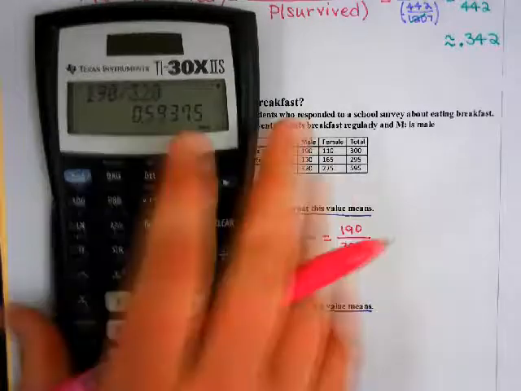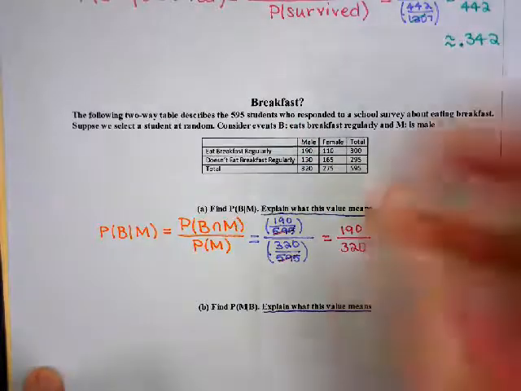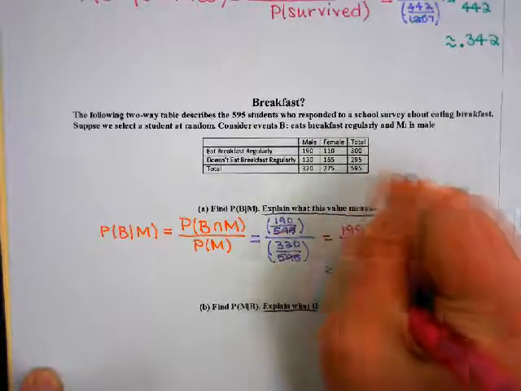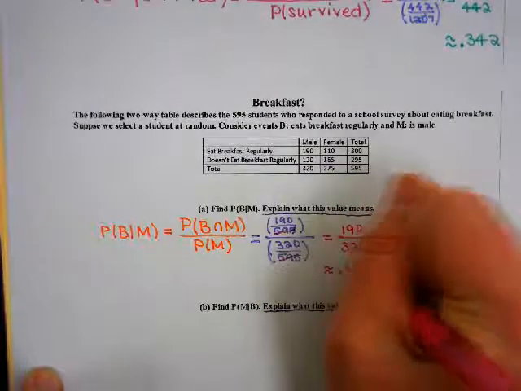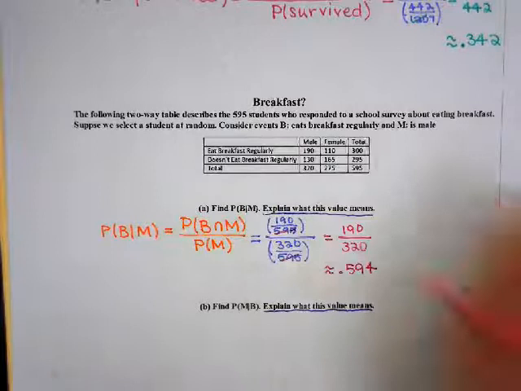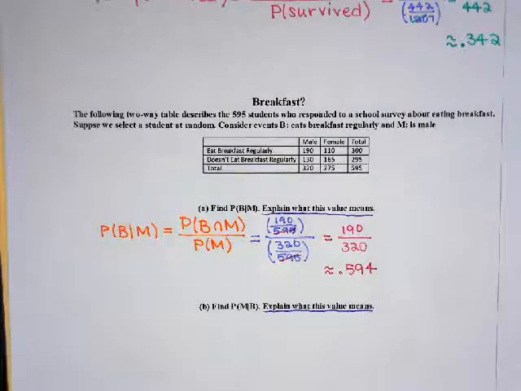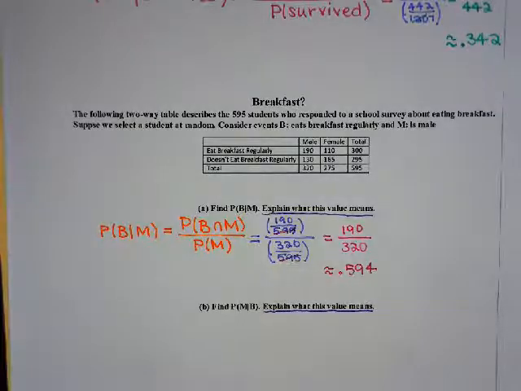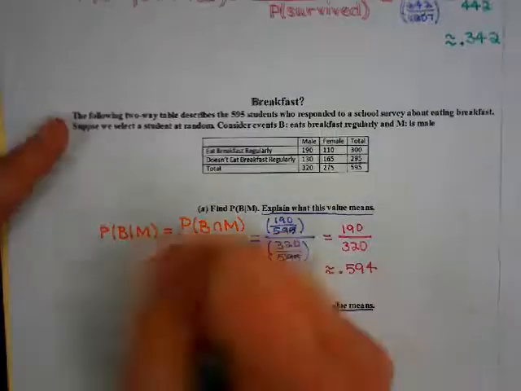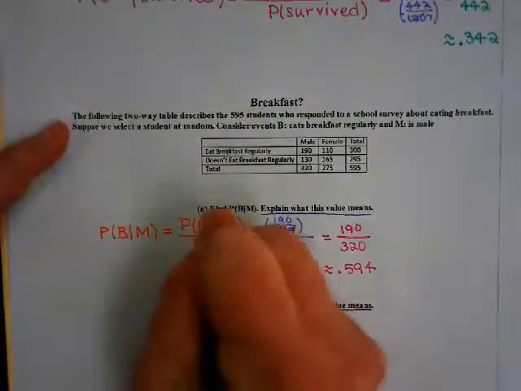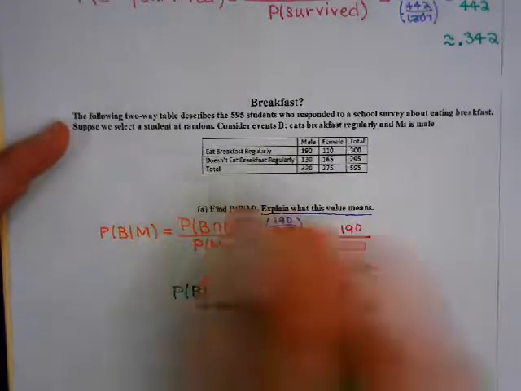So then the new part, explain what it means. When you explain what it means, you're just putting this mathematical sentence into words.